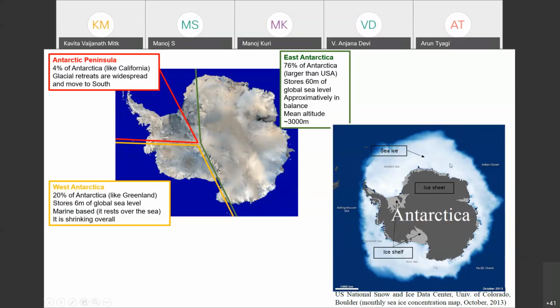This portion plays a very important role for people who go for expeditions. They need the sea ice advisory, and for that purpose we find out the sea ice types. We classify the sea ice types and we find the sea ice concentration as well. What it is basically we'll see in the later part, but this portion plays a very important role for the people who go for the expedition.